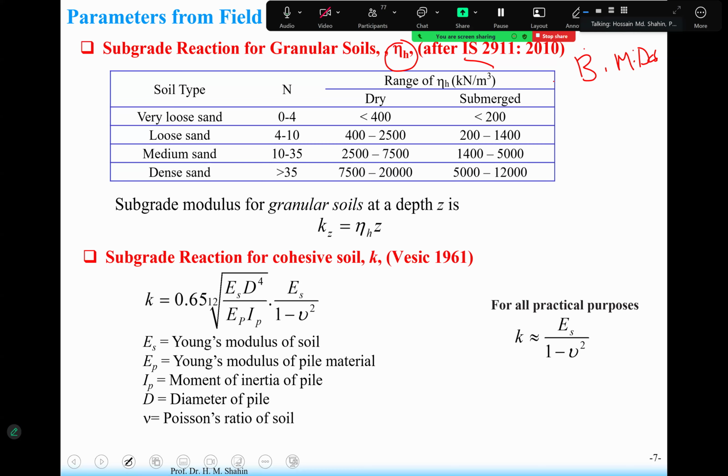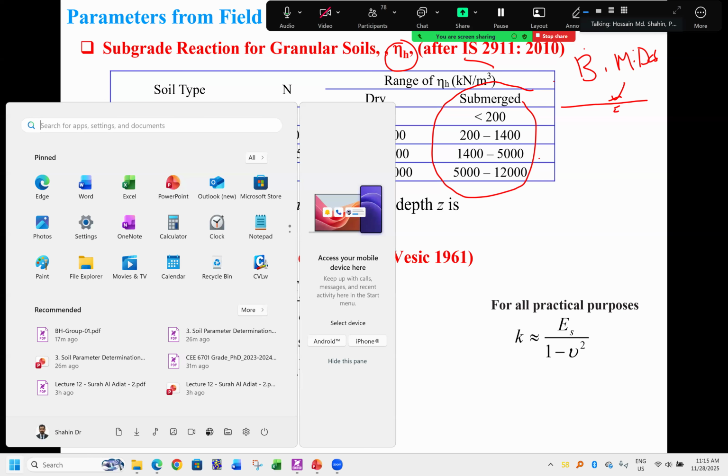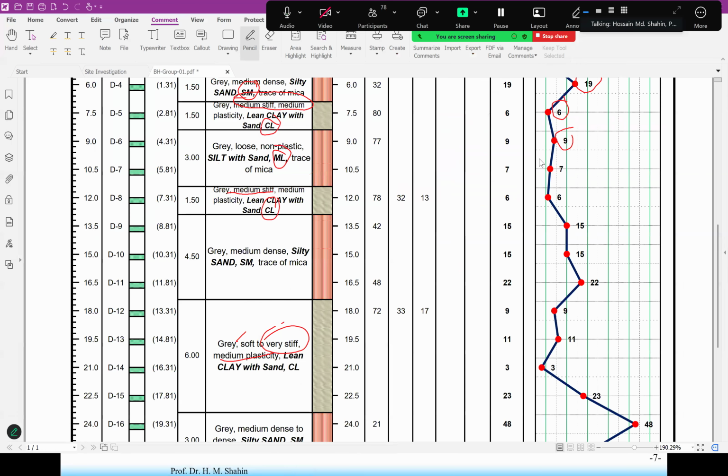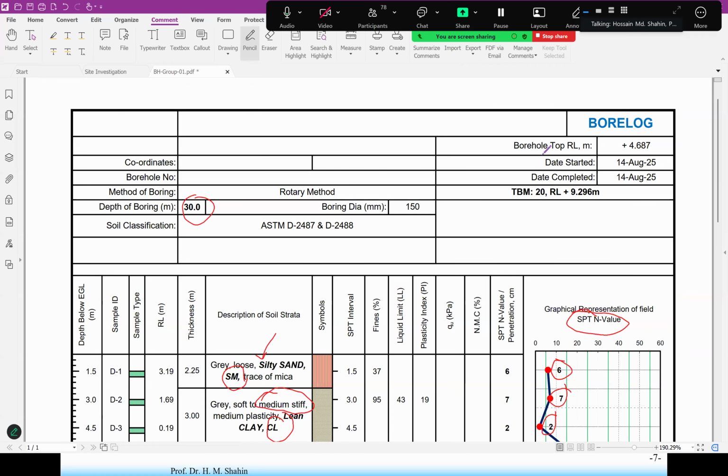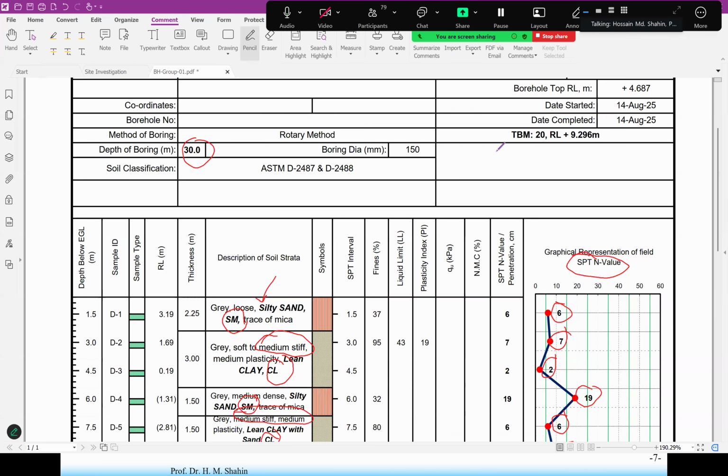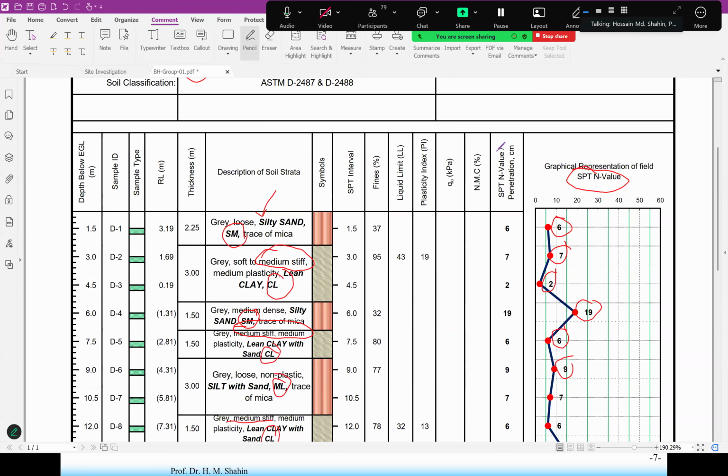So here, always consider your water table at the top. Somewhere it is given, but not at the top. If we come to the previous one, you see here the water table. Is there anything written? Nothing written. Sometimes it is written somewhere here.